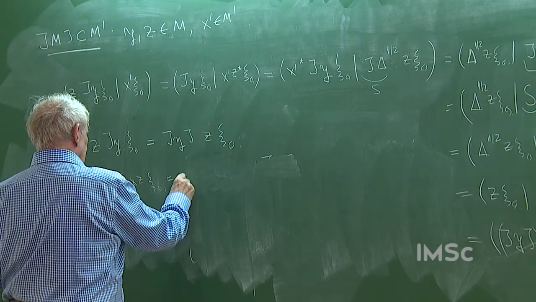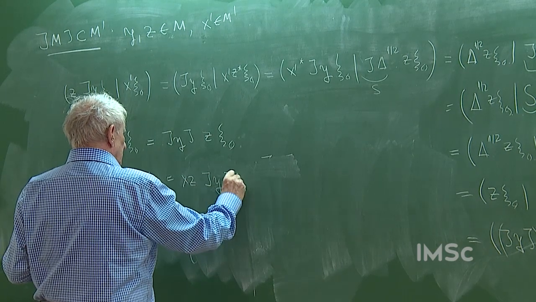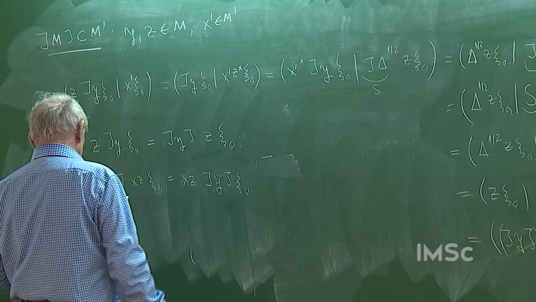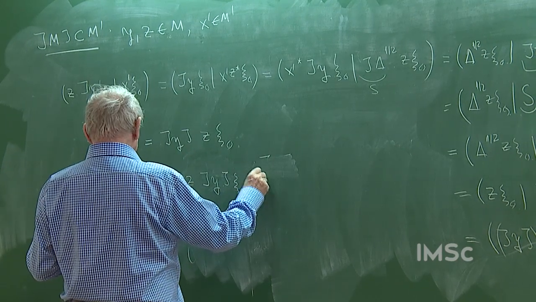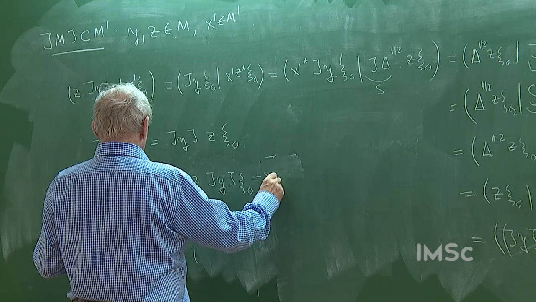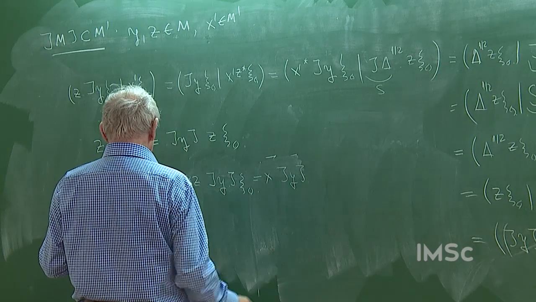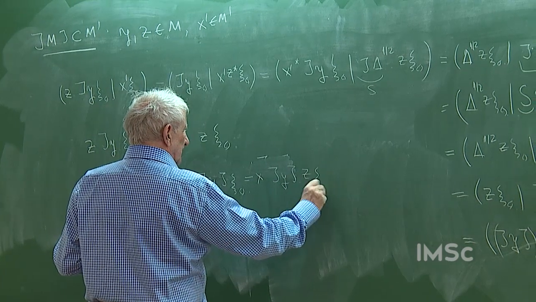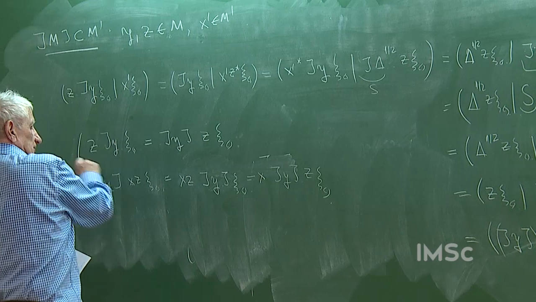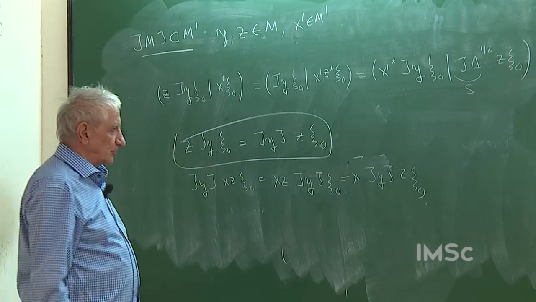XZ, this is XZ J Y J psi naught. Okay. This is X times J Y J Z psi naught. This is because of the original relation in here, not because of the commutation.